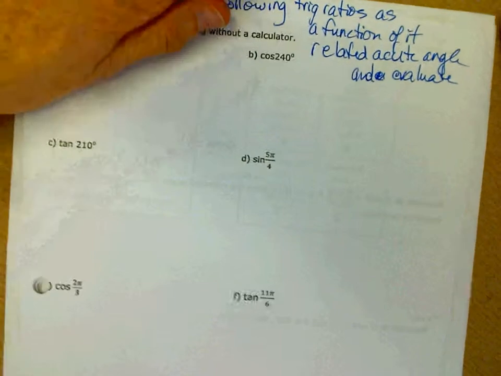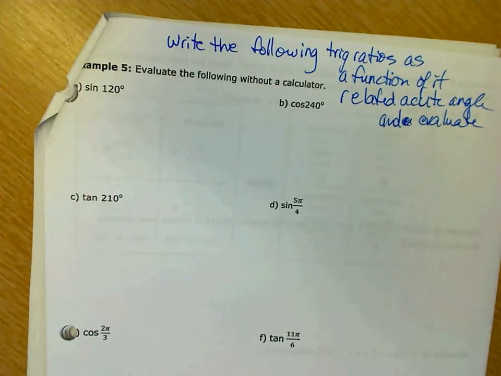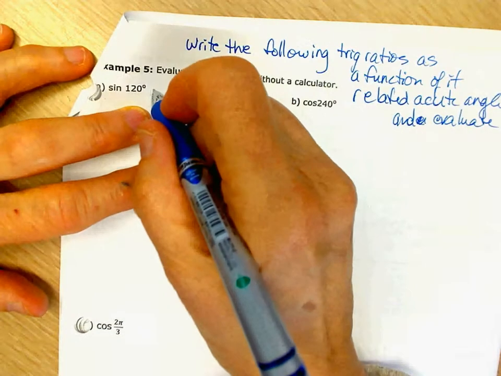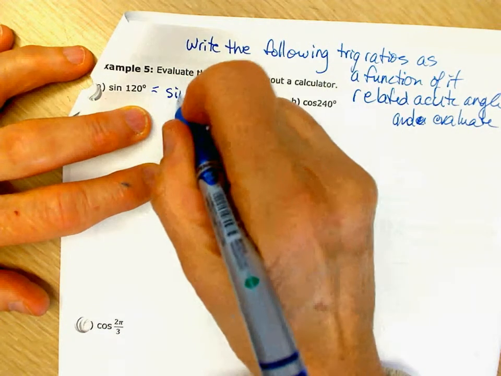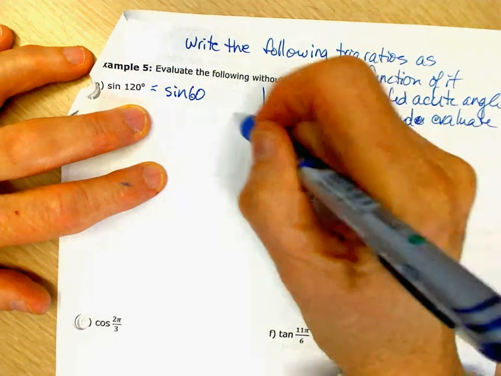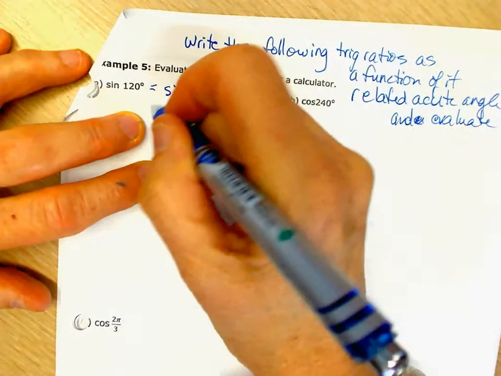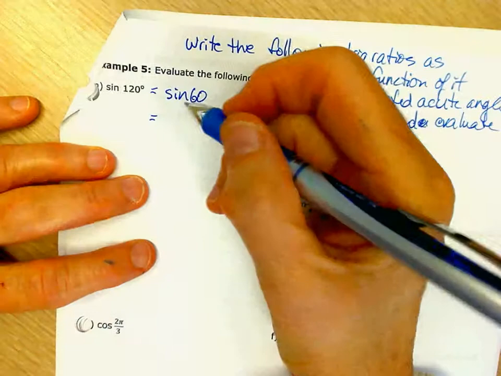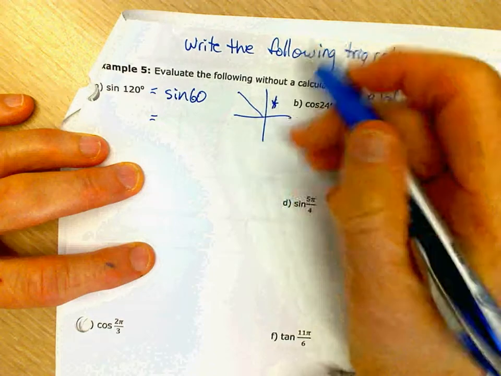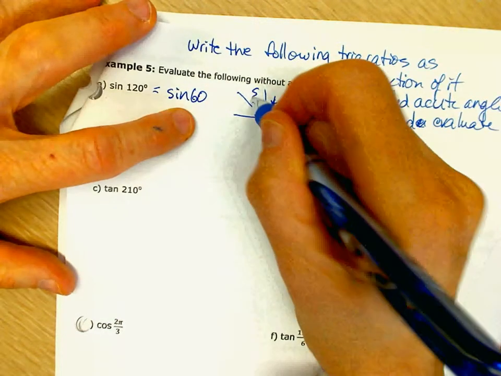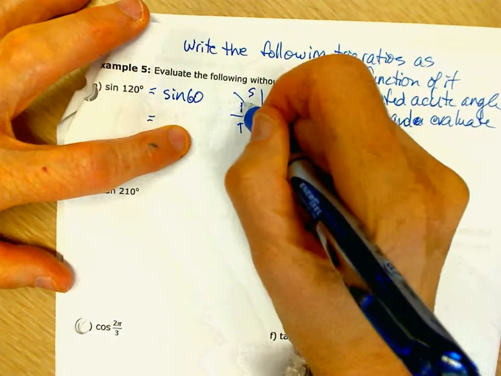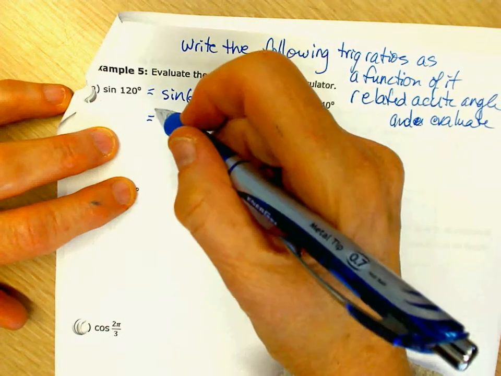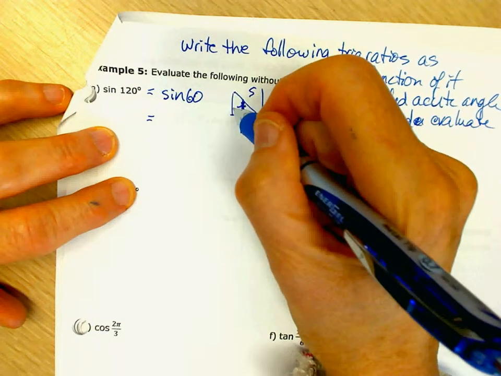What is the related acute angle for 120? Good. Now you know 60 ends up here, so will this be positive or negative? Well, you know 120 ends up here. According to the CAST rule, sine is positive, and sine of 60 is root 3 over 2. See how easy that is?